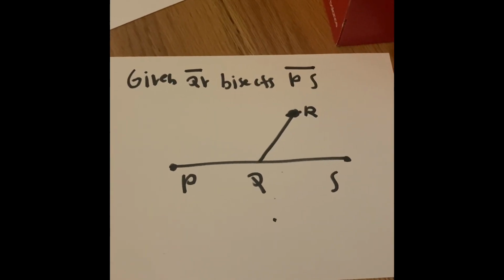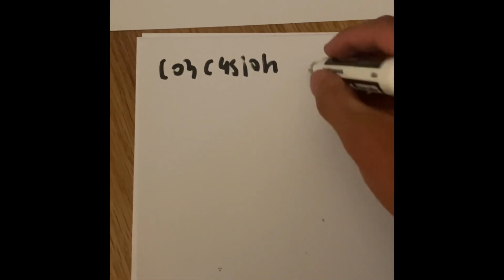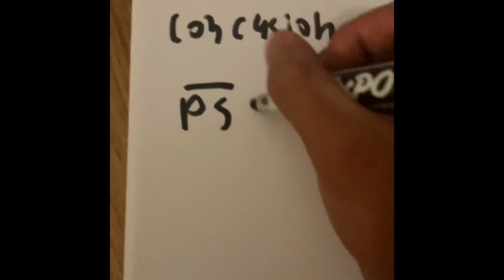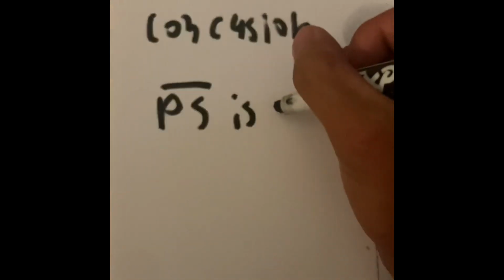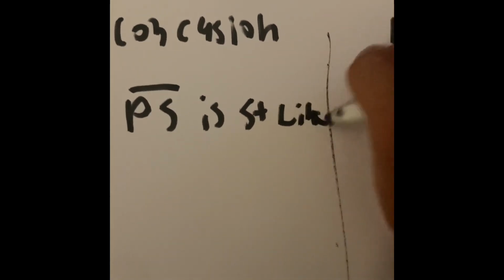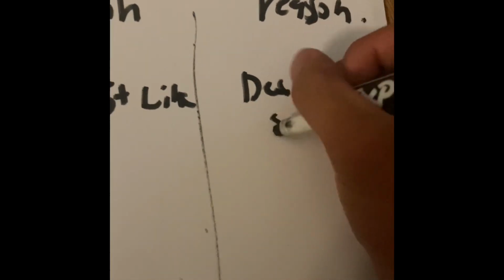So let's start concluding things and let's start reasoning things. The first thing that comes to my mind is PQS is a straight angle. So segment PS is a straight line, by the definition of a straight line.